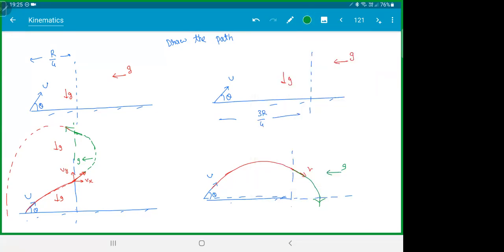Clear? It would kind of look like this. The path would bend more towards this. Getting it? The path would bend inwards. All clear with this?